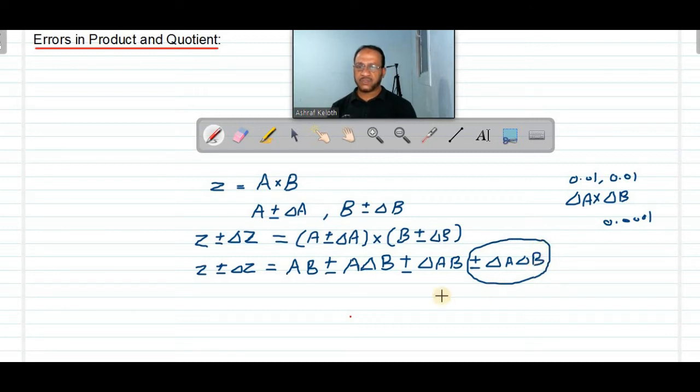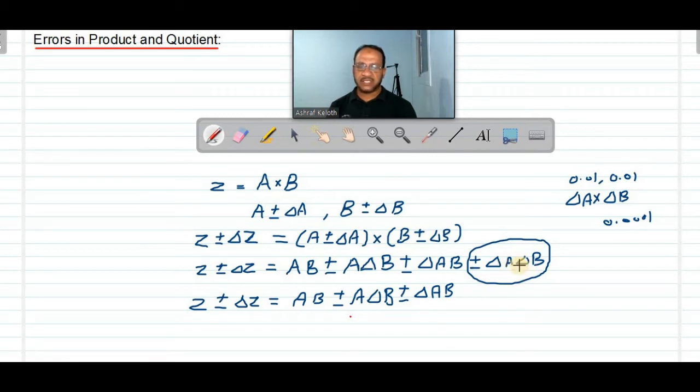So the final equation can be written as Z plus or minus delta Z is equal to A into B, then plus or minus A into delta B plus or minus delta A into B. This delta A into delta B is negligible, very small.